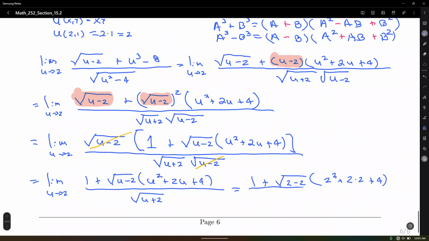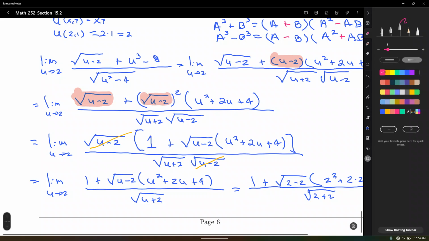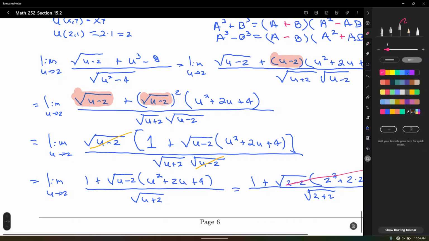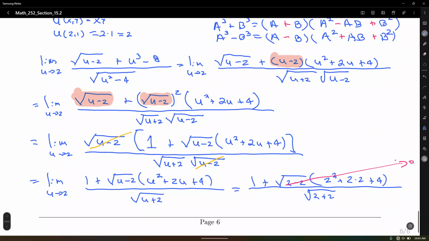It doesn't matter what this is because all of it is going to go to 0. That's going to leave us with 1 plus 0 in the numerator over the square root of 4, which is 1 over 2. Final answer.